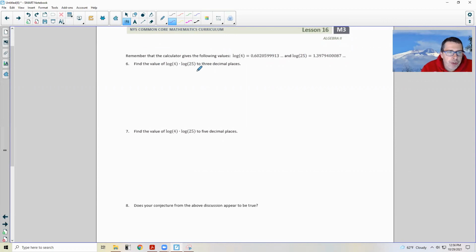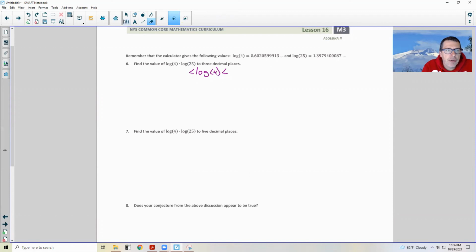So the first thing we're going to do is take the log of 4, and we know it is between, let's see, I don't know if I want an equal sign. I haven't been using equal signs because it can't be equal to an irrational number, can't be equal to a rational.